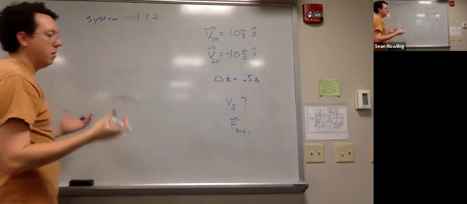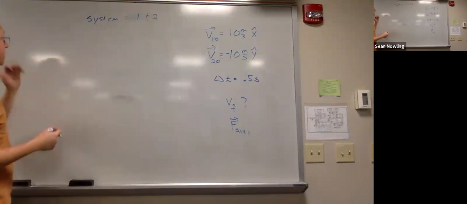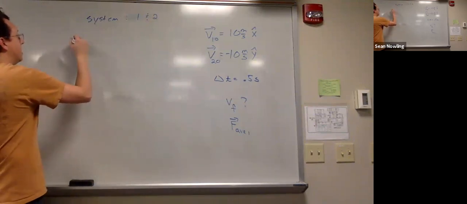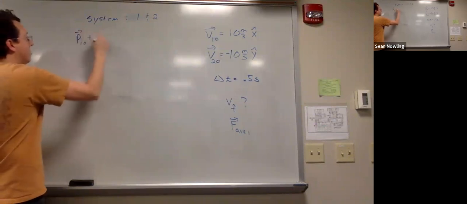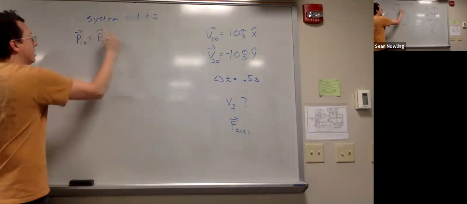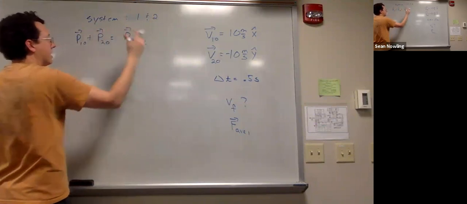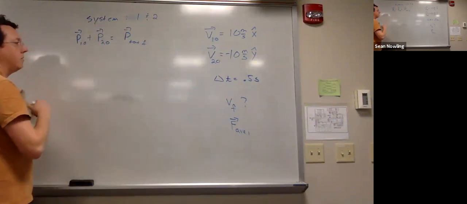That tells me that there's no impulse on that combined system, so the momentum of that combined system must be constant. That means that the momentum of 1 initial plus the momentum of 2 initial equals the momentum total final after they crumple up together. And then I just have to write these down in equation form.